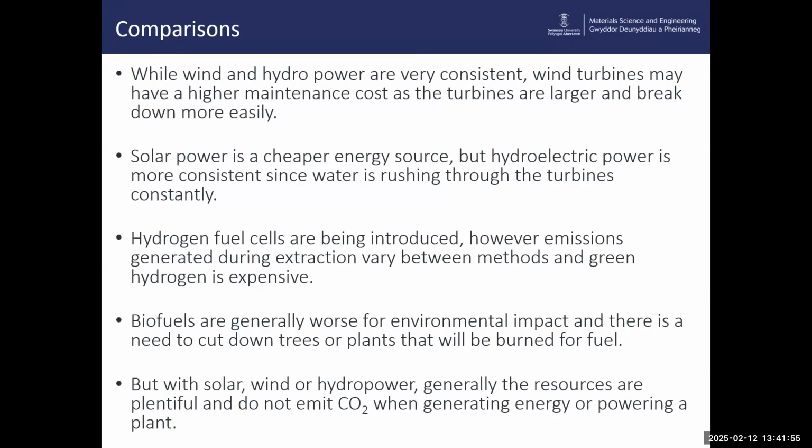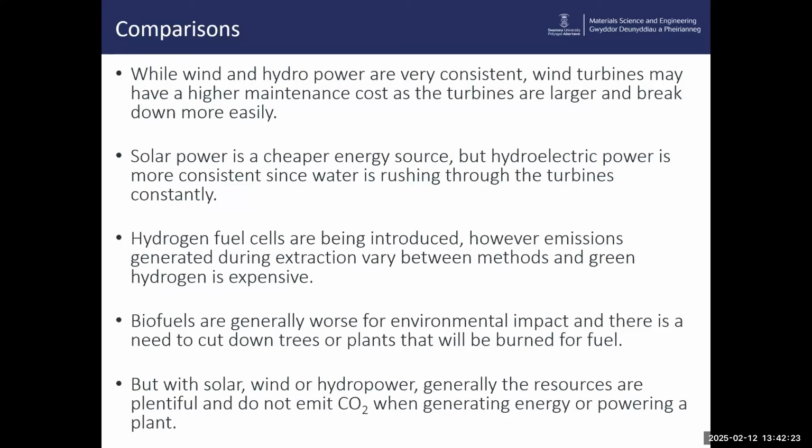While wind and hydropower, as you've seen, are very consistent, wind turbines may have a higher maintenance cost as the turbines are larger and may break down more easily because of the moving parts. Solar power is a cheaper energy source, but hydroelectric power is more consistent since water is rushing through the turbines 24 hours a day, compared to the sun that only shines during the day.